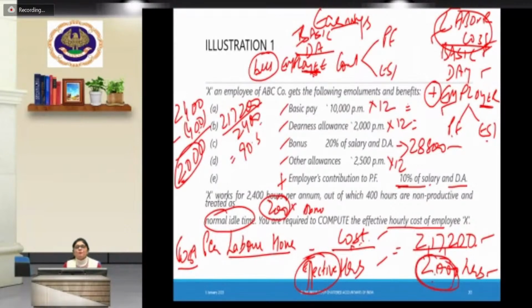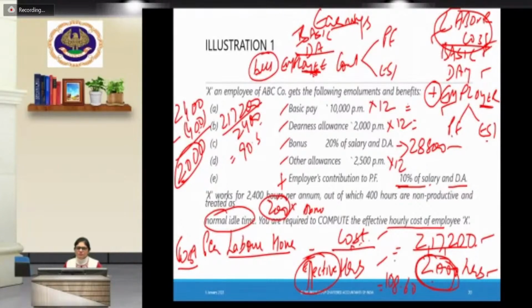That means the productive hours will cover the cost of the labor. How much is the cost per hour? Has anybody calculated? 2,17,200 divided by 2,000, the effective hours, comes to 108.6.